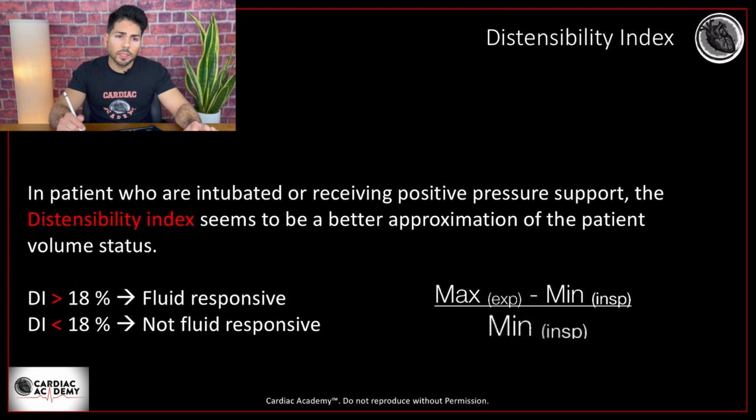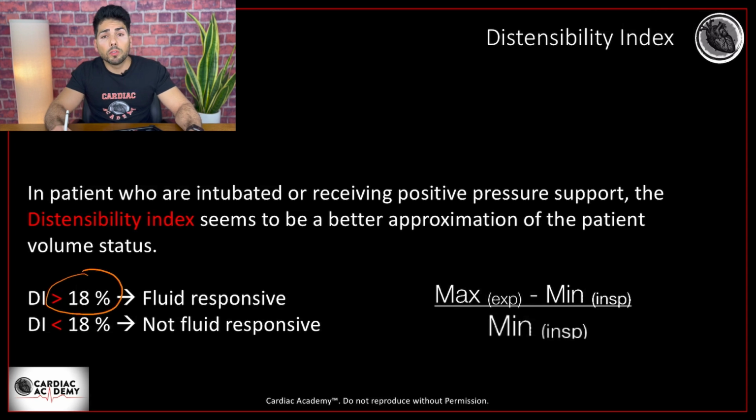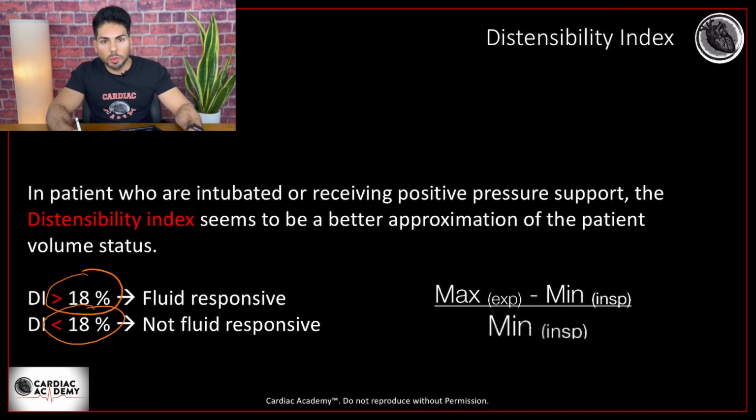And in this case, the magic number is 18, okay? So if the distensibility index is more than 18%, then your patient is fluid responsive, okay? If it is less than 18%, then they're not fluid responsive, okay?